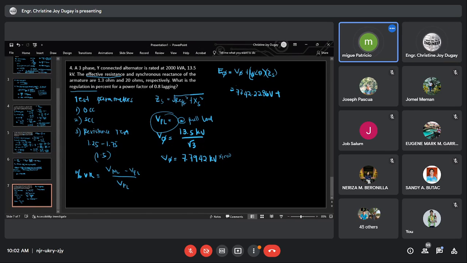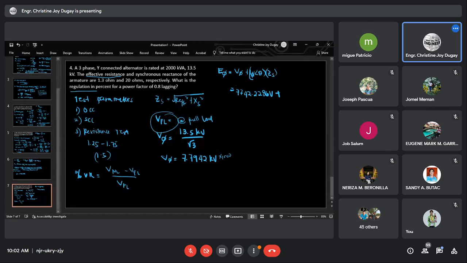Sa rated, ma'am. Kukuha ng rated value, ma'am. Rated current? Yes. Paano? Using the formula of apparent power. Yes, tama. So that is S is equal to 3 V phase I phase, no?